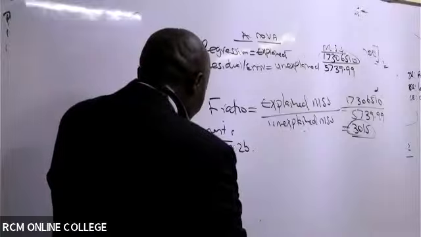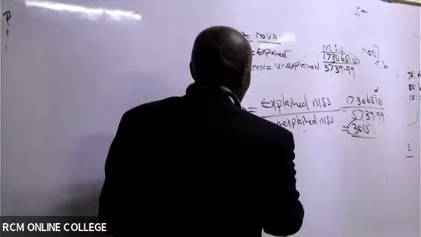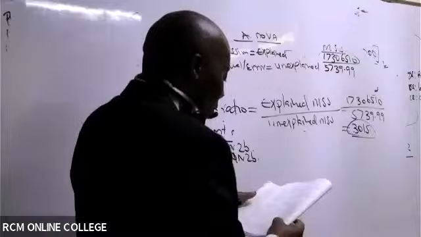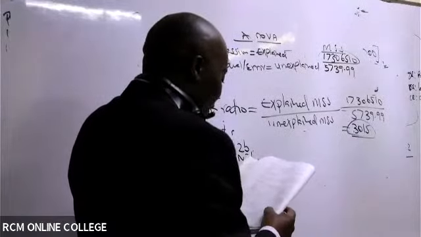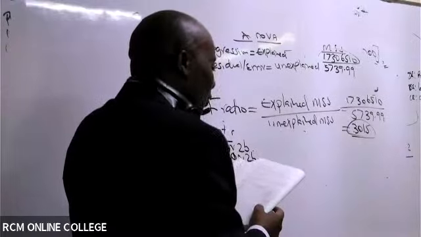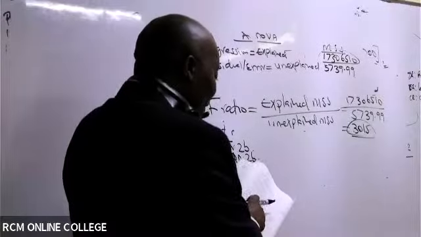Again, at your own time, if you get to see that question, you'll see they want us to develop a regression equation that will be used for prediction. And then there are missing values there.